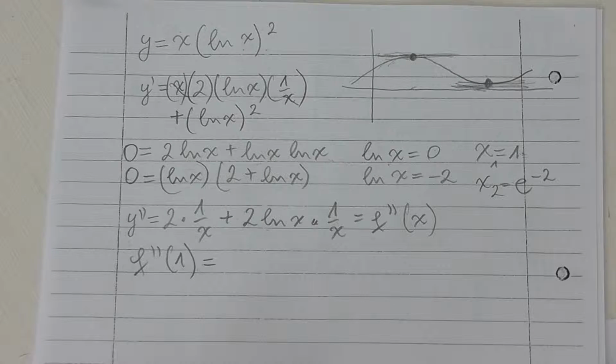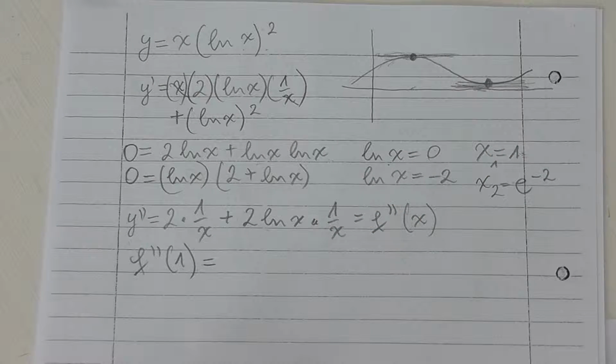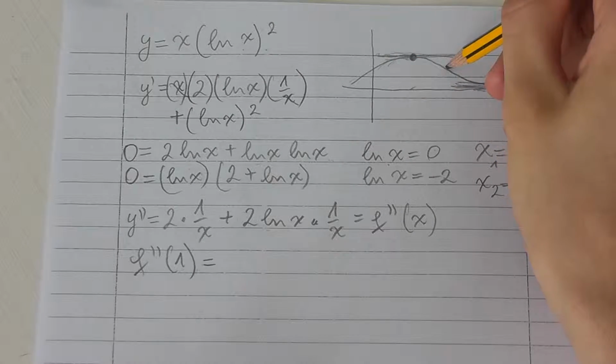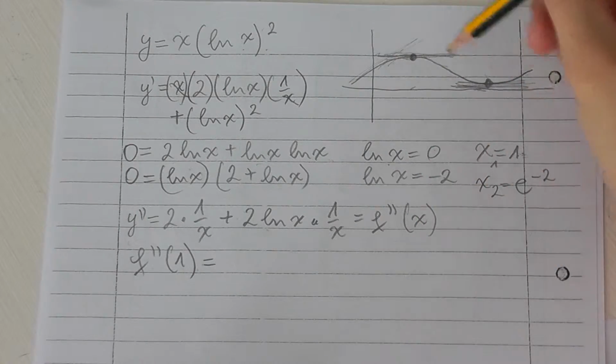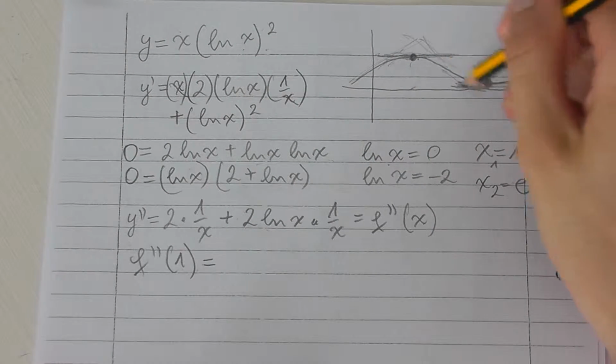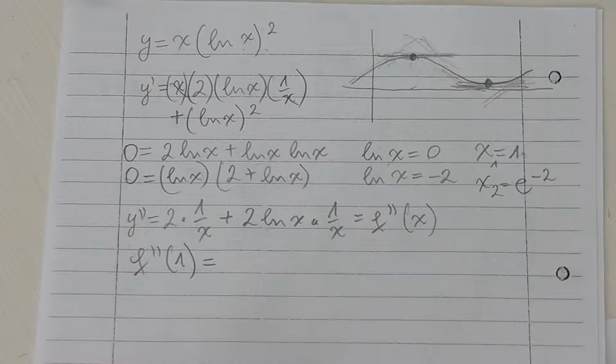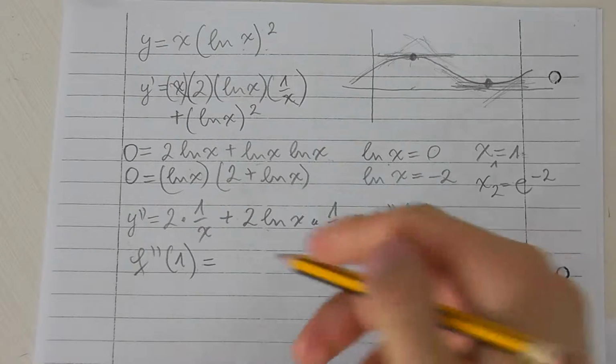It is a maximum if the value is negative, and a minimum if the value is positive. This is because it tells us the change of the rate of change, so the change of the derivative. If it changes from a positive derivative into a negative derivative, that tells us it is a maximum. If it changes from a negative derivative into a positive derivative, that tells us it is a minimum.